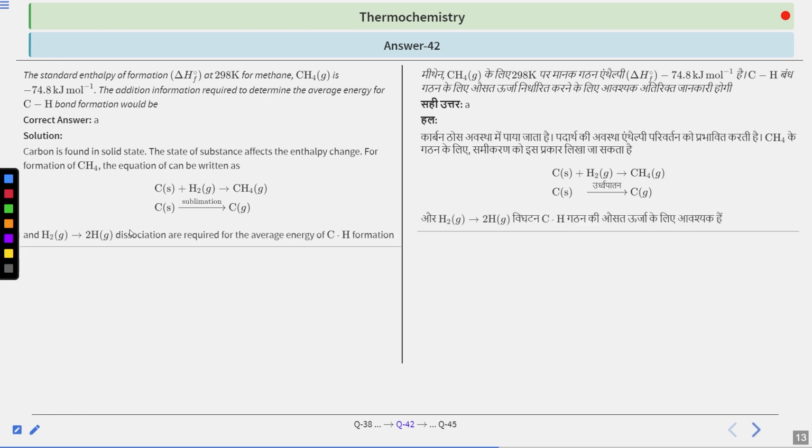And for H2, your dissociation energy is also required. So first sublimation, and second your H2 gas is converting to 2H gases. Once you have all this, you can easily solve this question and get the CH bond formation energy. So this is for question number 42, whose answer is A.